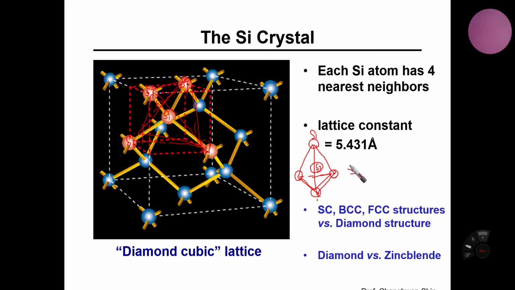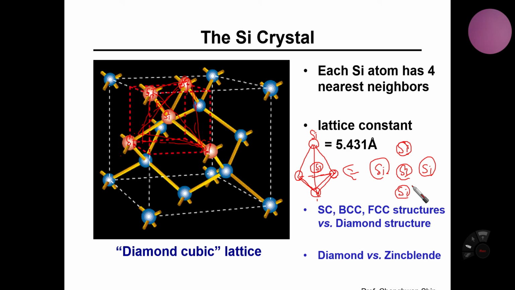This is a three-dimensional view of how silicon atoms are placed. If I redraw it in two dimensions, you will see this. For a given silicon atom, on top of it you will see another silicon atom, and below it you will see 3 different silicon atoms.